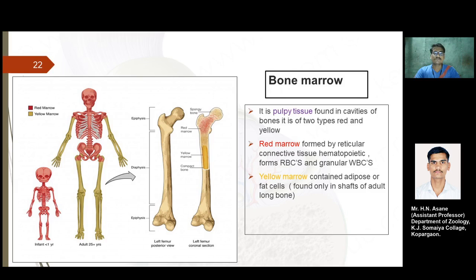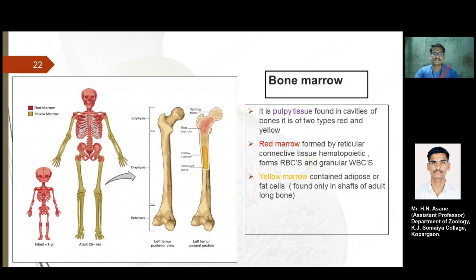Moving towards the next point, as you can see, in adults the production of red blood cells and WBCs is done only in our skull, ribs, pelvis, and vertebral column, and some part of the femur, which is the longest bone in our body.